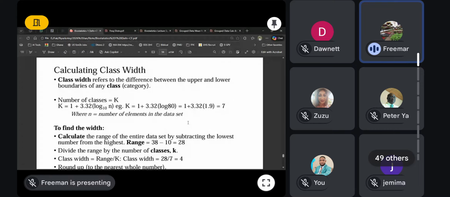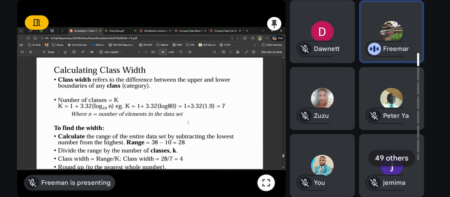Now, for you to know the number of classes that your data set should have, we say K represents the number of classes. These things are just to help you in case you have a set of data you want to analyze and you don't know how to go about it.